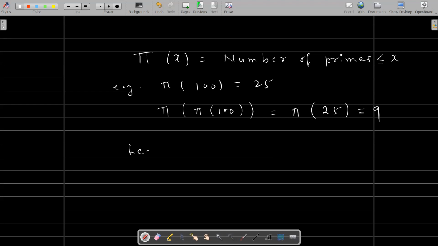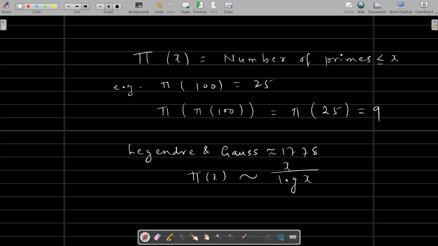Two great mathematicians, Legendre and Gauss, stated independently in 1778 that the number of primes up to x, pi of x, is almost equal to, I'm not saying exactly equal to, almost equal to x by log of x.